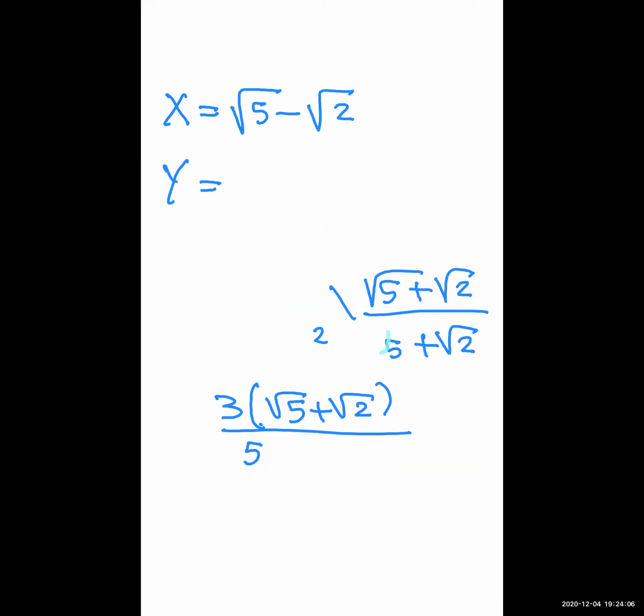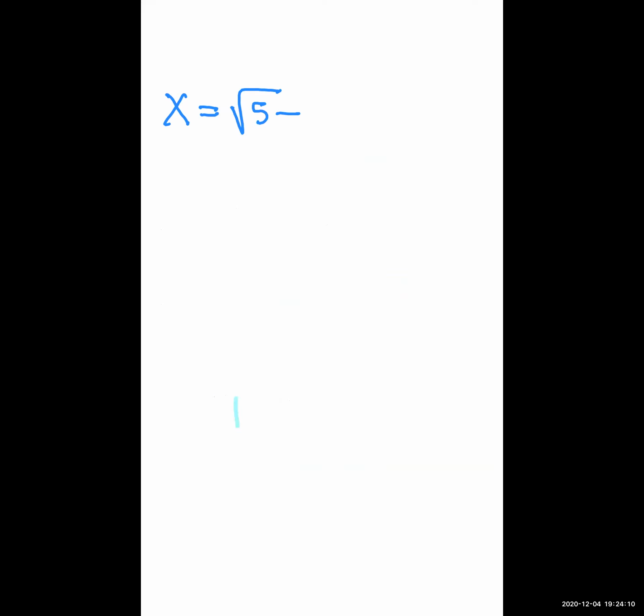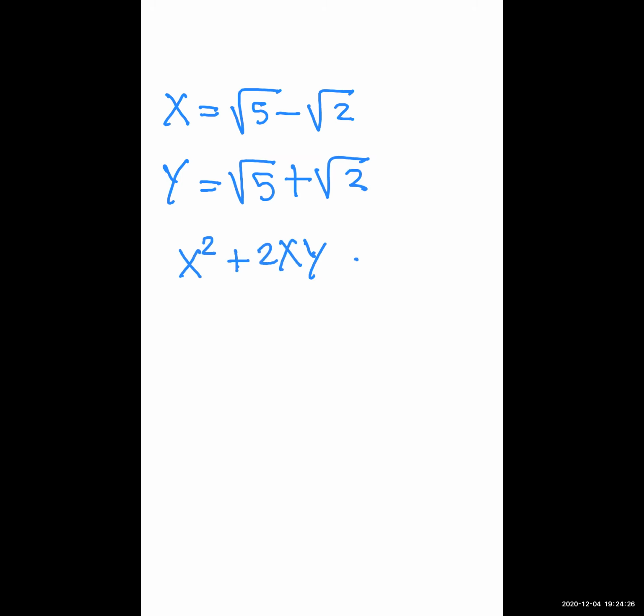Now, guys, we got that x and y are two conjugate numbers. So y will equal square root of 5 plus the square root of 2. I will write it here so that we will not forget. Then find x² plus 2xy plus y². Okay.